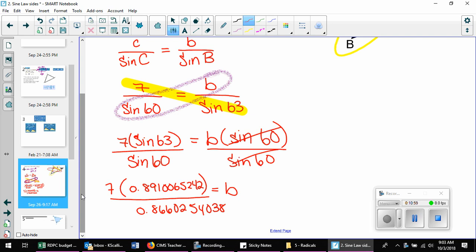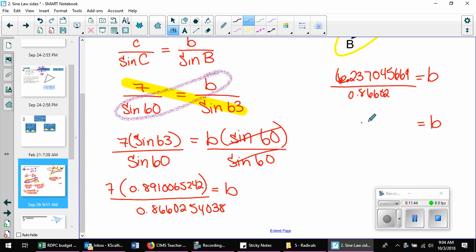Go 7 times sine of 63. My numerator is going to be 6.237045669, and I'm going to divide it by sine of 60. I like to return all those decimals.